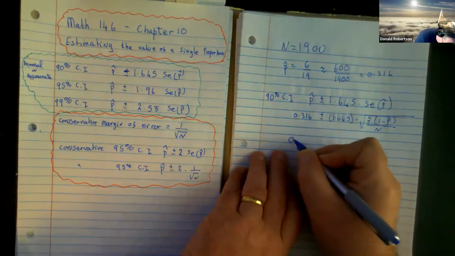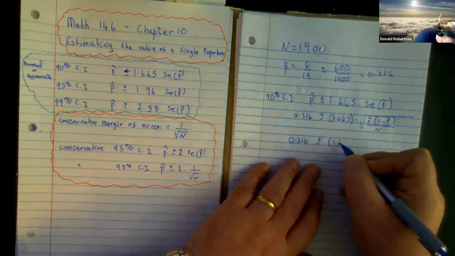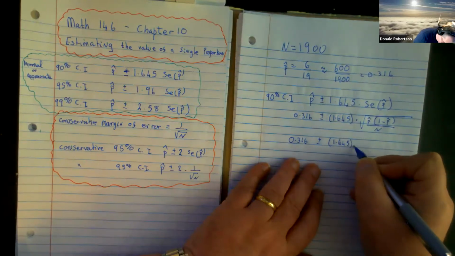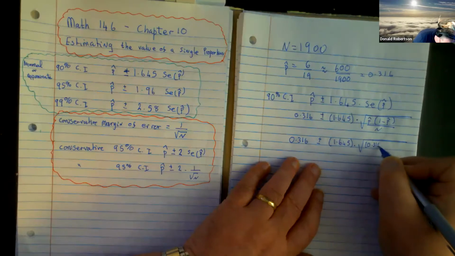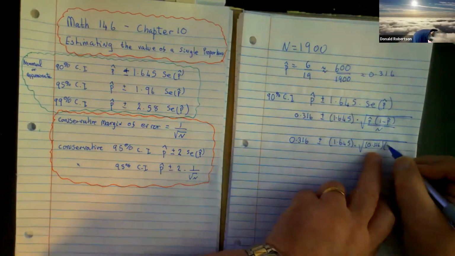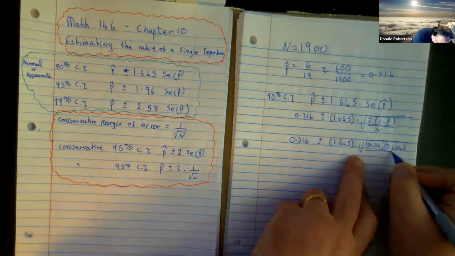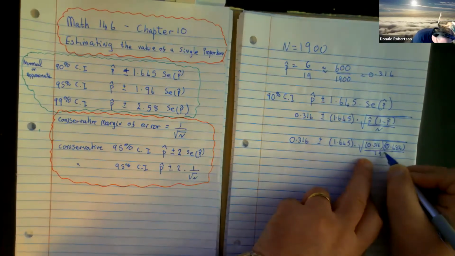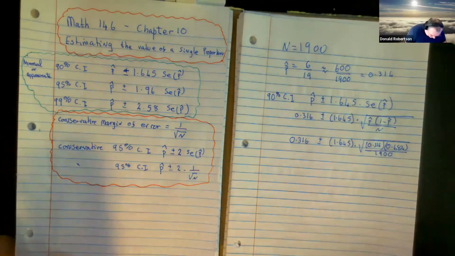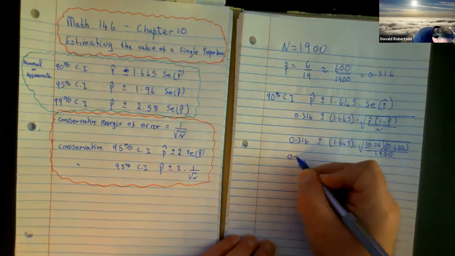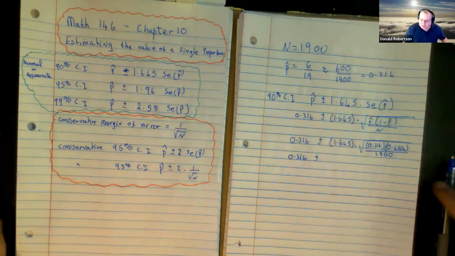So this becomes 0.316 plus or minus 1.645 times the square root of p hat, which is 0.316, times 1 minus that, which is 0.684, divided by allegedly 1,900 people. And what I'm going to do now is calculate that, which is the margin of error piece.